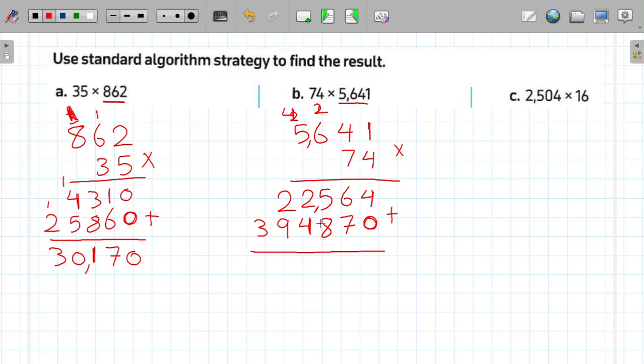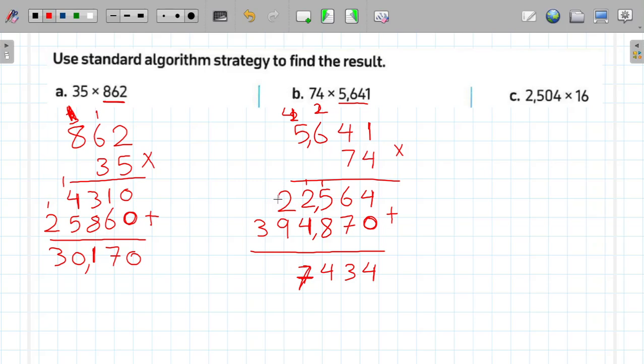And I will add the two numbers together. So I have 4 plus 0 equals 4. 7 plus 6 equals 13. So I have 3 and carry up 1. 1 plus 5 equals 6. 6 plus 8 equals 14. So I will write 4 and carry up 1. 1 plus 2 equals 3. 3 plus 4 equals 7.